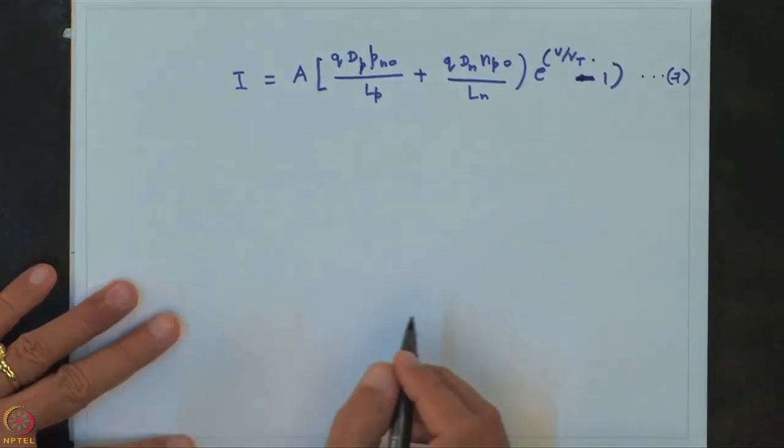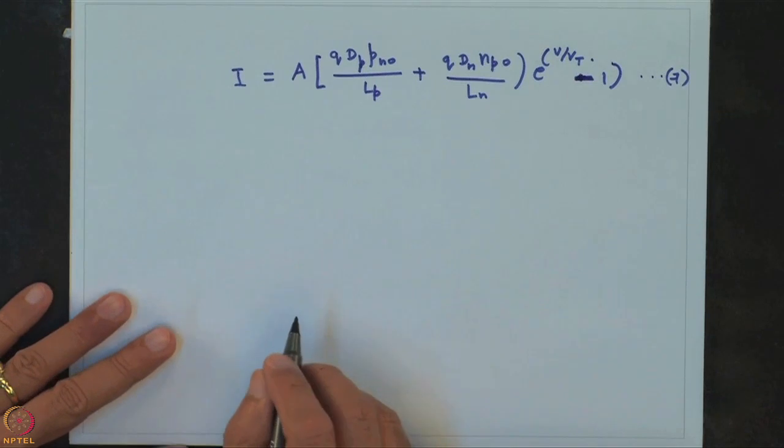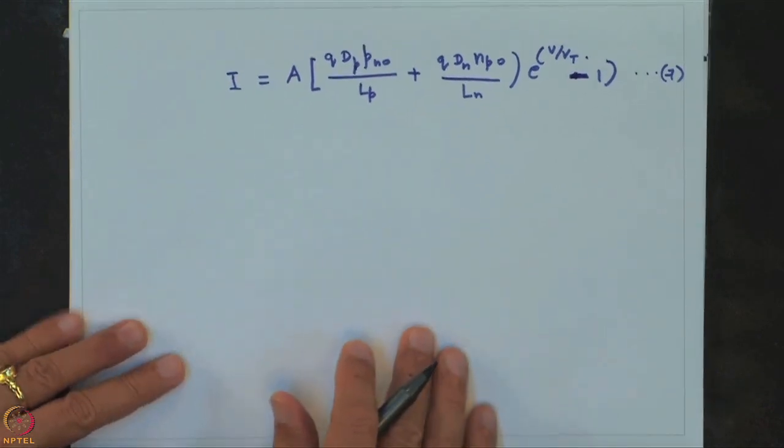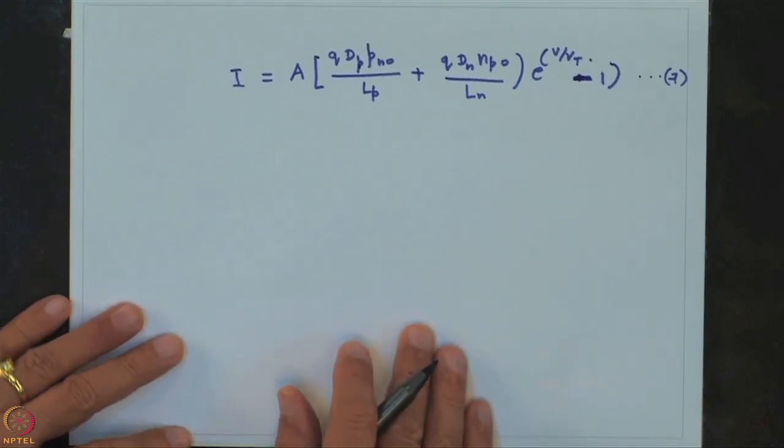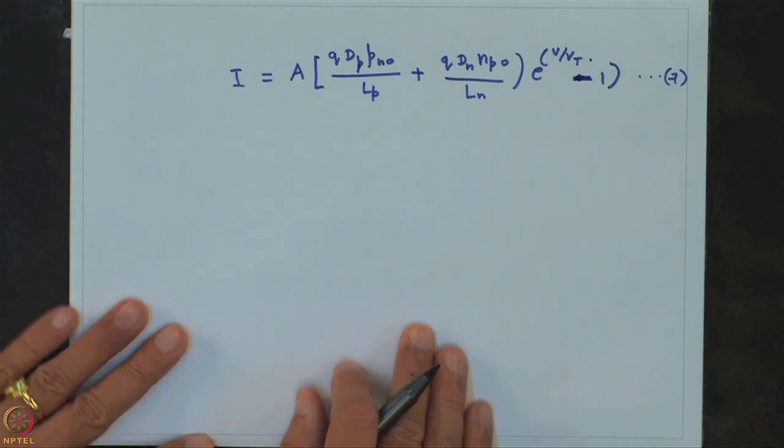This is the total current on account of the electrons and the holes constituting the current as minority carriers, the explanation that we have just seen.